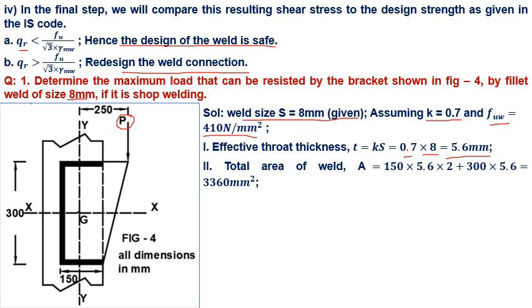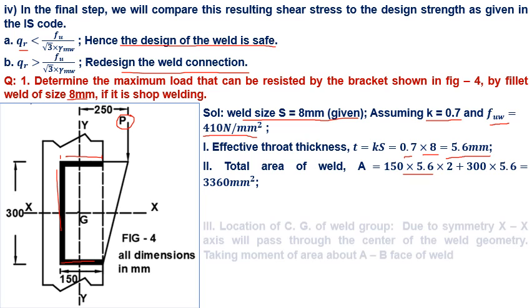Second step, we have to calculate total area of weld. This is 150 multiplied by 5.6, and 150 multiplied by 5.6, hence twice of 150 into 5.6 plus 300 into 5.6 equals 3360 millimeter square.